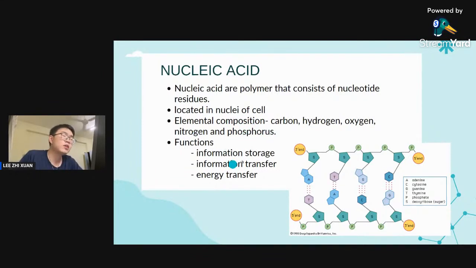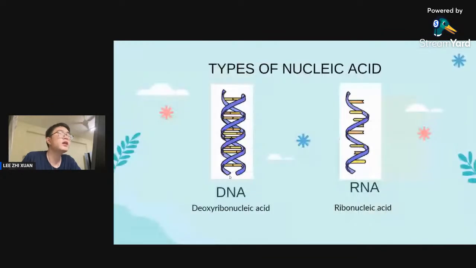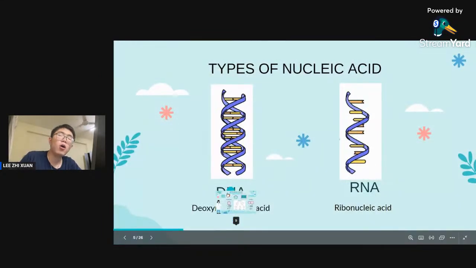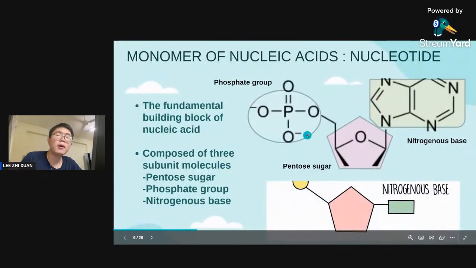The function is to store genetic information, transfer genetic information, and also energy transfer. This is just the general function. We have two main types of nucleic acid only, which is DNA or RNA. Later we will talk in detail about it.